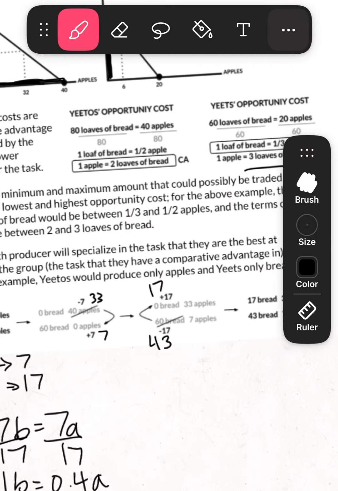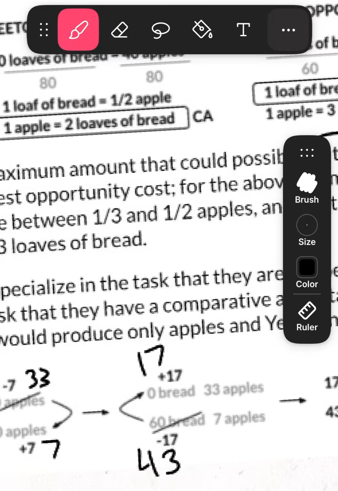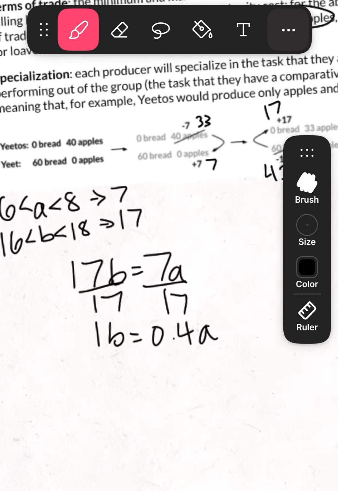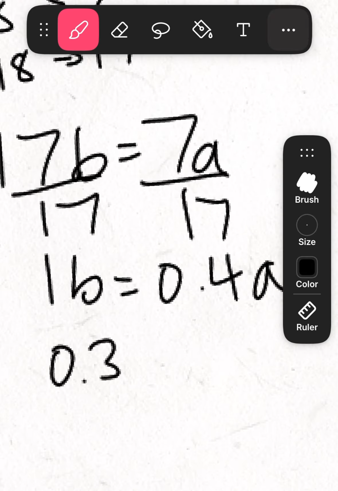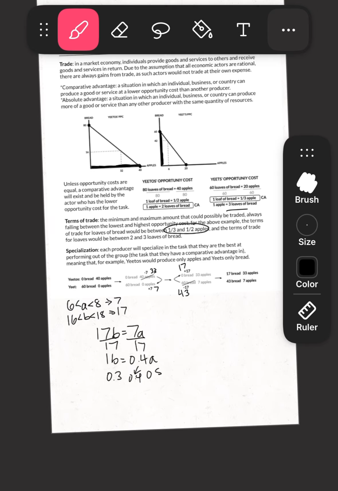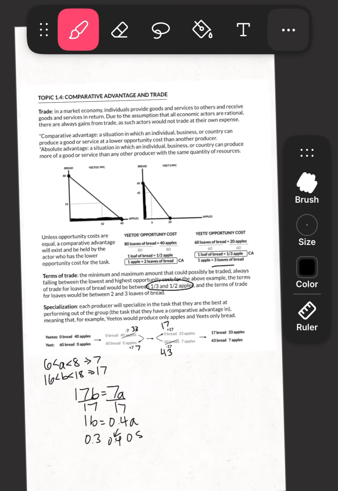What we need to check is whether it is in between 1/3 and 1/2, so between 0.3 and 0.5, and 0.4 falls exactly in there. That means our terms of trade have been met. This is a viable trade option.